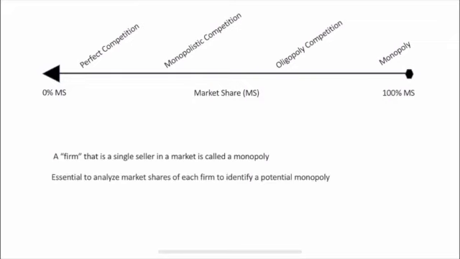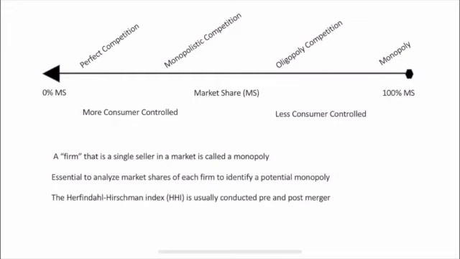Therefore, it is essential to analyze market shares to identify firms that may be headed toward a monopoly within that market. As we know, firms that move closer toward perfect competition in a market is ideal because it's more controlled by the consumer.